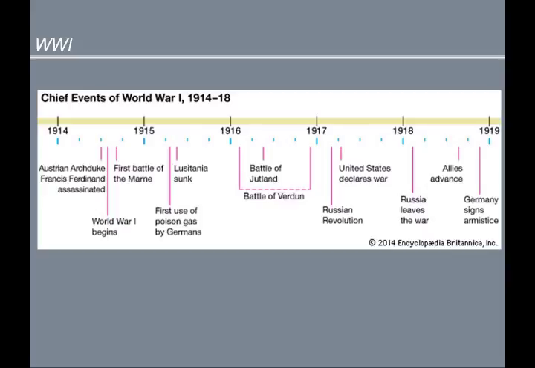A number of smaller nations aligned themselves with one side or the other. In the Pacific, Japan, seeing a chance to seize German colonies, threw in with the Allies. Of course, as you know, the Allies were ultimately the victors, and the entry of the United States into the war in 1917 gave the additional weight of men and material that the Central Powers could not match.